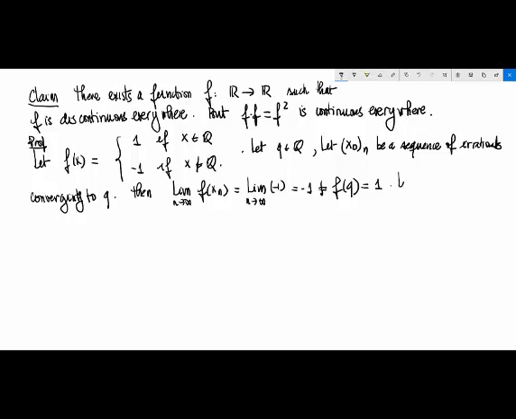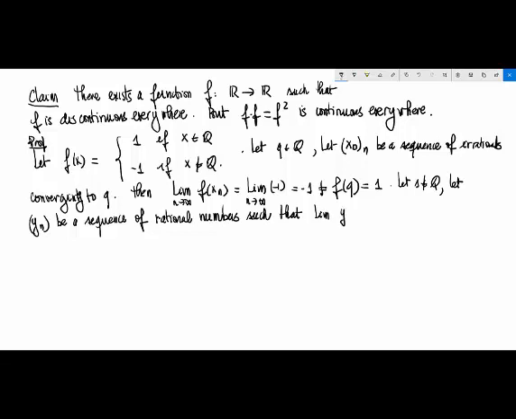And similarly, if we let s be some irrational number, let yn be a sequence of rational numbers such that the limit of yn as n is approaching infinity is equal to s.